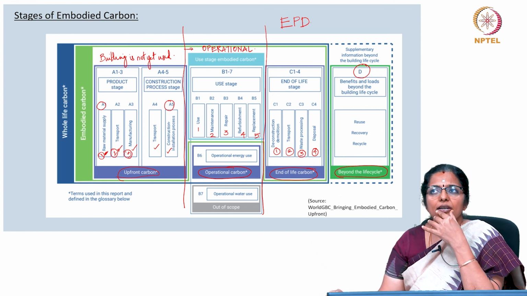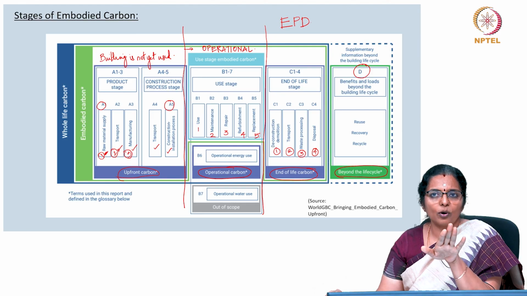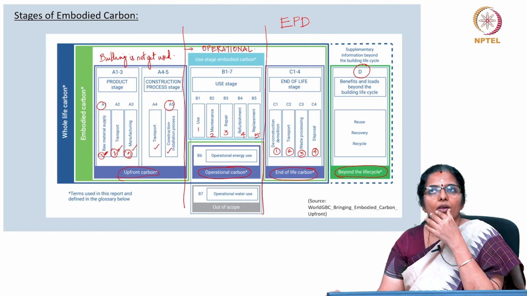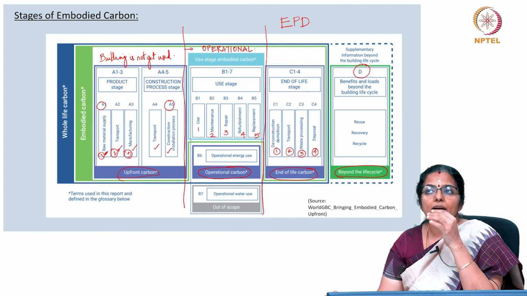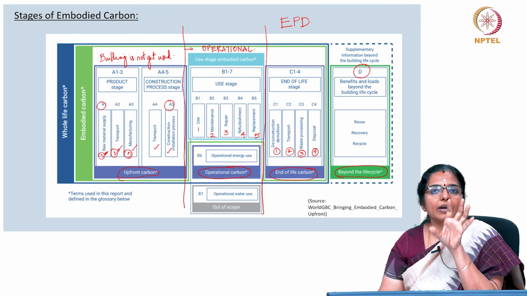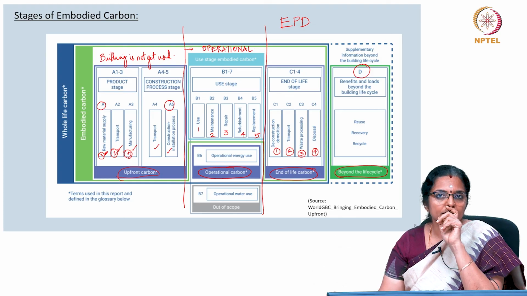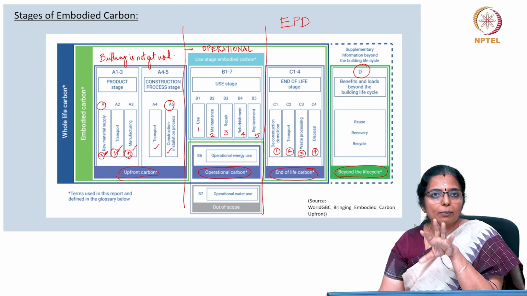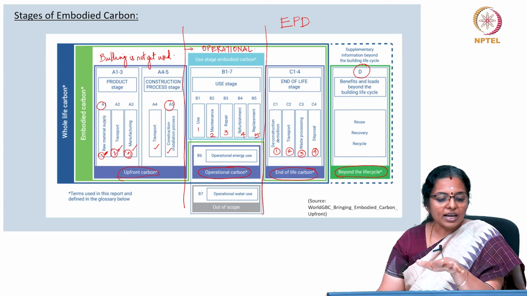Today we had seen the definition of embodied energy, or rather embodied carbon. We have seen what is the significance of embodied carbon, what all comprises embodied carbon with examples, and what are the stages of embodied carbon.